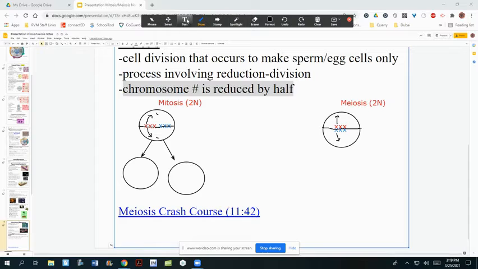We're also going to get 2 cells in meiosis, though. So we're going to show our 2 cells. Now remember, you should be drawing this because it is going to be helpful for you to visualize.